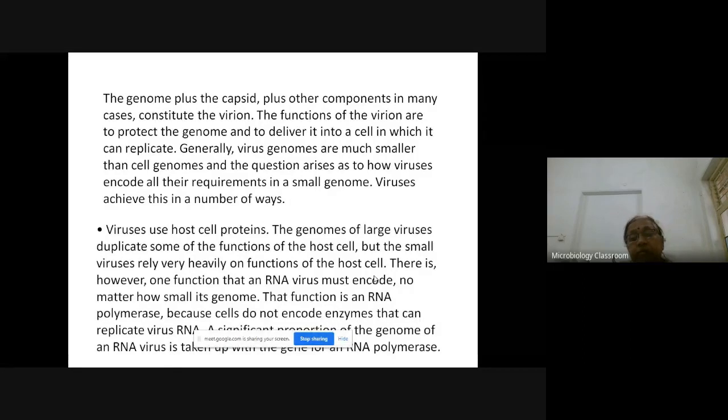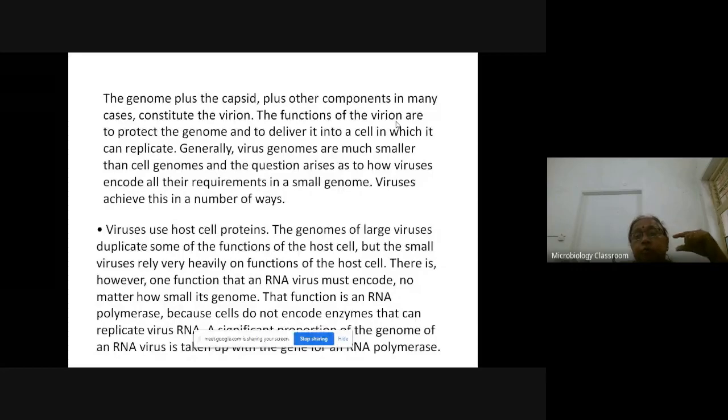Now we will shift further to the description part, that is the functions of the virions. We have seen yesterday that the virion is a virus particle which is infective in nature, capable of infection. It is a complete structure which consists of the coat.